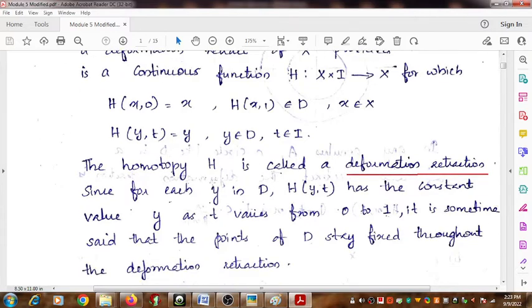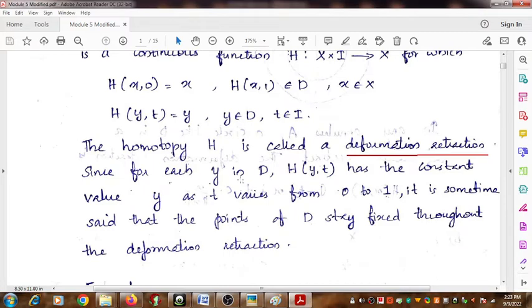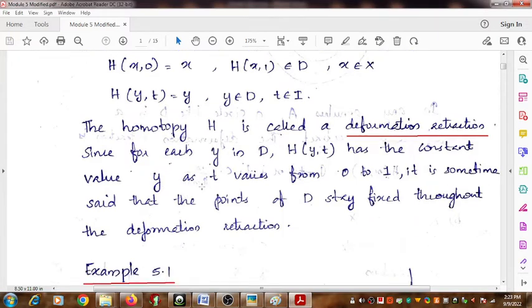This continuous function H can be called the deformation retraction, since for each point y in D, H(y, t) is fixed. That means H(y, t) equals y. So H(y, t) has the constant value y as t varies from 0 to 1.